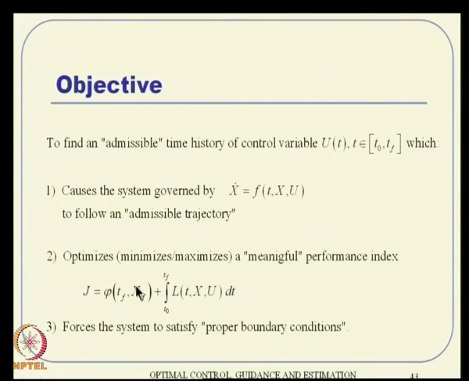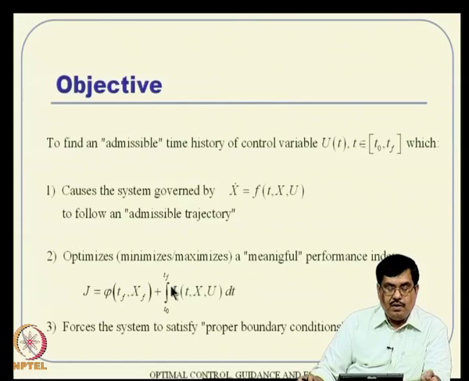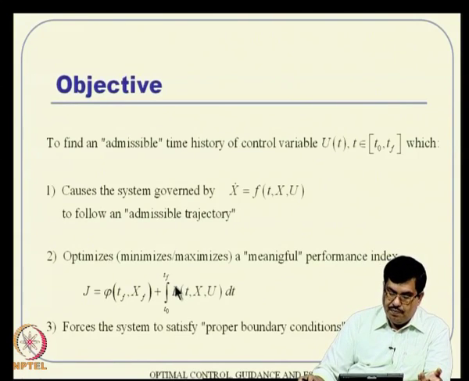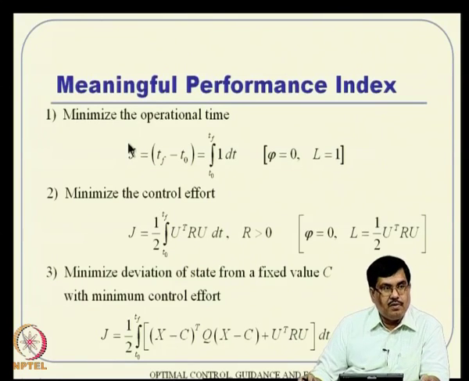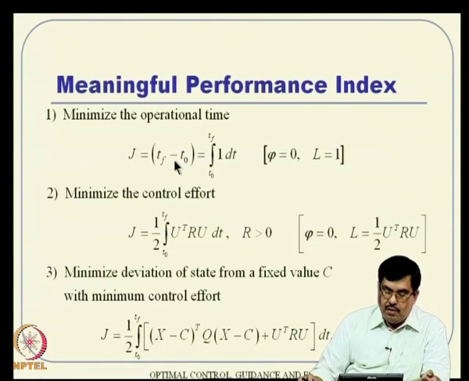We discussed this also, but let me quickly summarize it again. This cost function that you are looking at is fairly generic. It can embed various classes of problems. First thing we discussed before is how you talk about minimization of something like operational time, the time taken to reach a goal point starting from a given point.